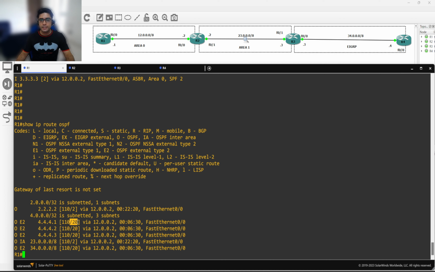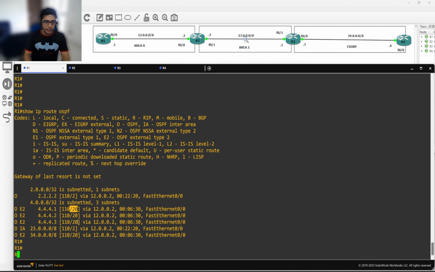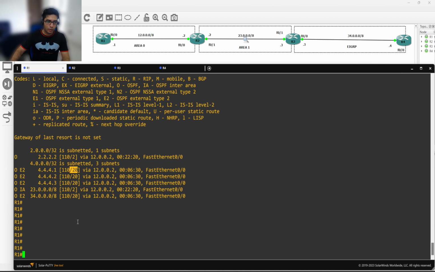Now let's discuss what is E1 and E2 routes. Okay, and you can see that here it is mentioned as E2, and E2 means OSPF external type 2. What does that mean?